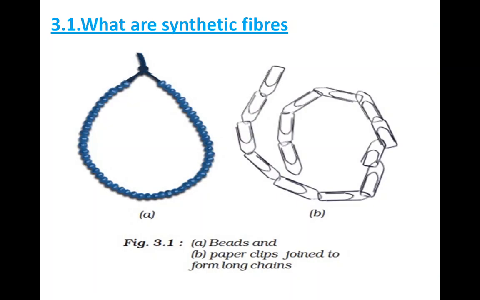Okay, so this is about the introduction, that synthetic fibers are made by human beings, and synthetic fibers means a long chain which is made up of a single small repeating unit.